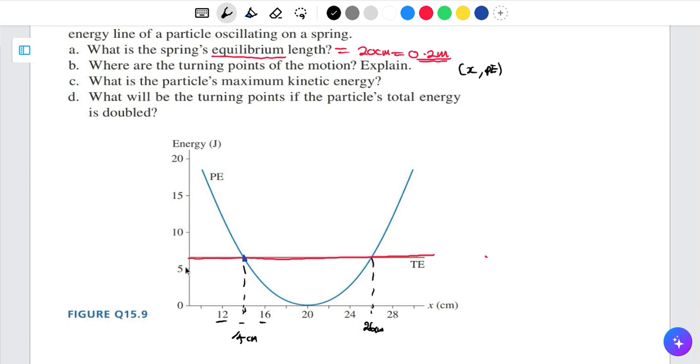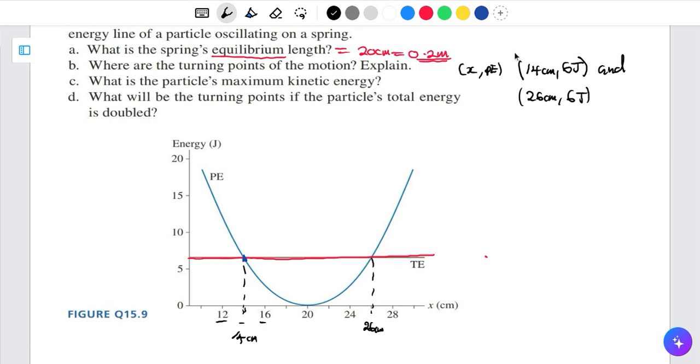Since this one is 5, this one is approximately 6. So the first one is 14 centimeters, 6 joules, and the second one is 26 centimeters, 6 joules as well. So these are the turning points.